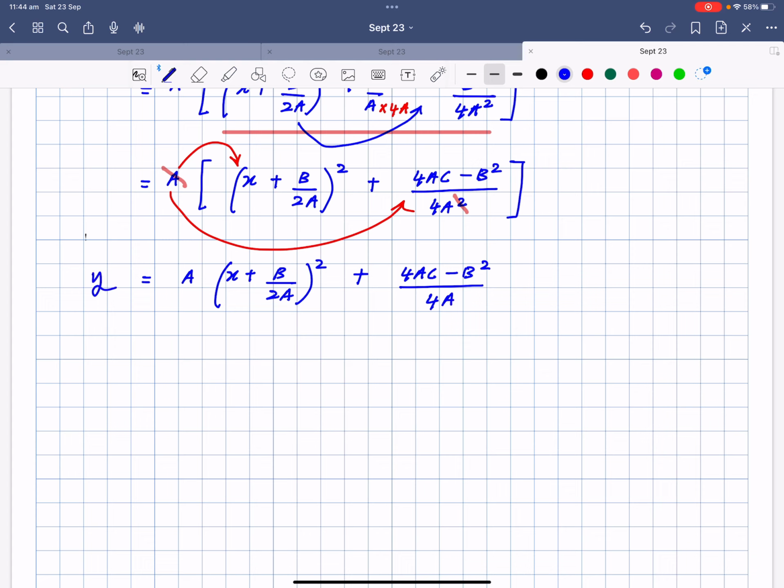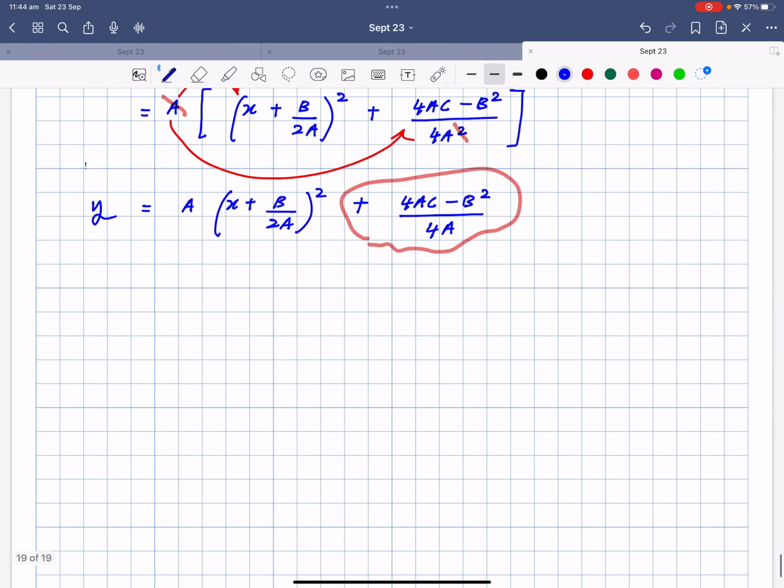Right? So this is the completing the square method. Now you are going to organize this term a little bit. You are going to take the minus out. So if you take the minus out of this one, this becomes b squared minus 4ac divided by 4a. And I have to copy the first term.